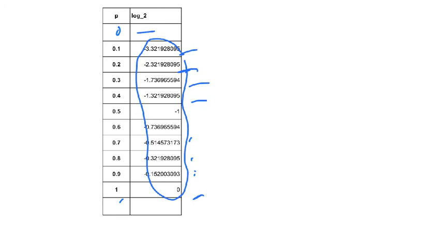So that might explain why in the self-information formula we have negative log, the negative here instead of positive log.